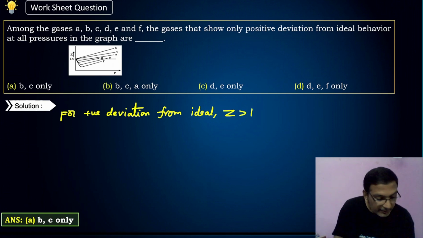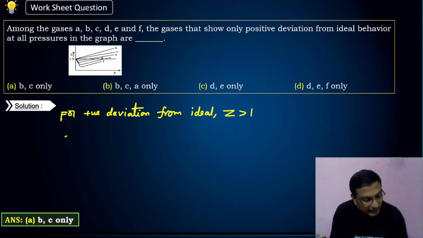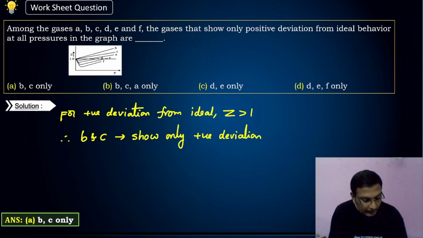So from the graph, clearly B and C can show only positive deviation from ideal behavior. B and C. Therefore option A.